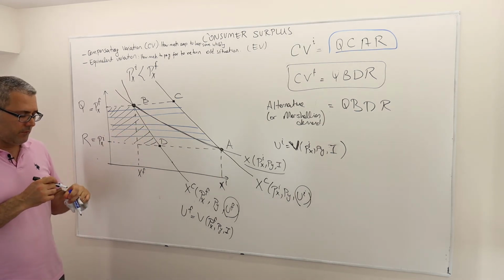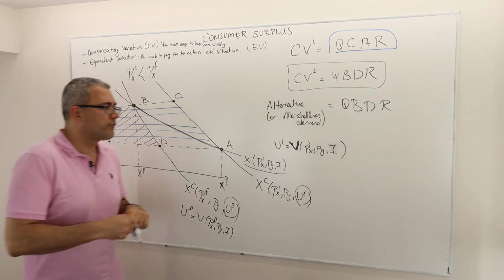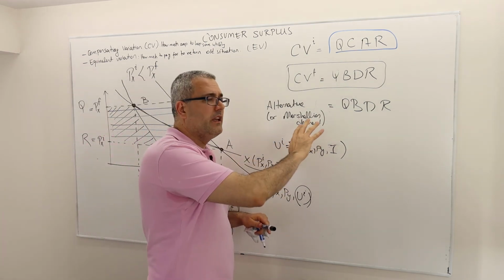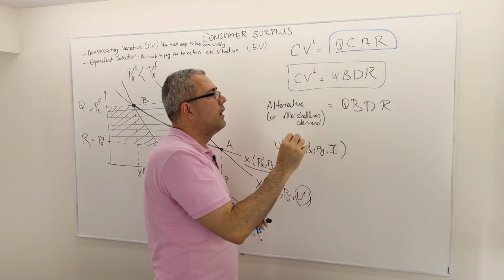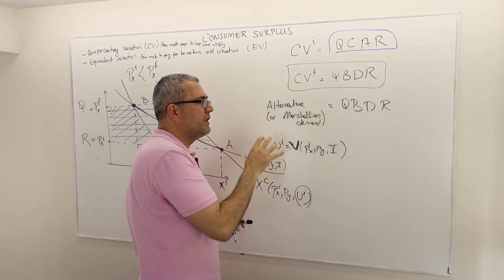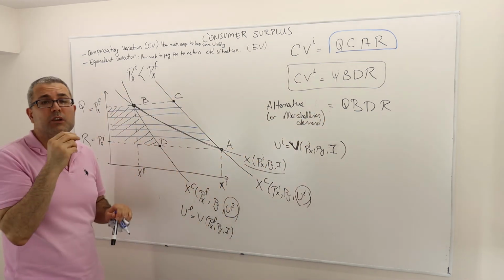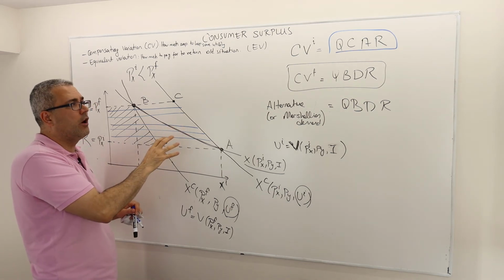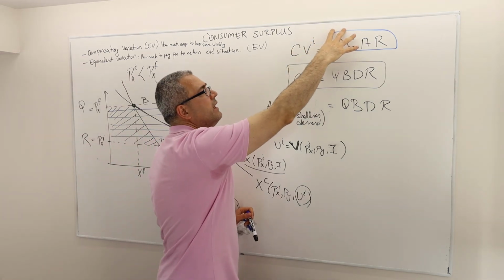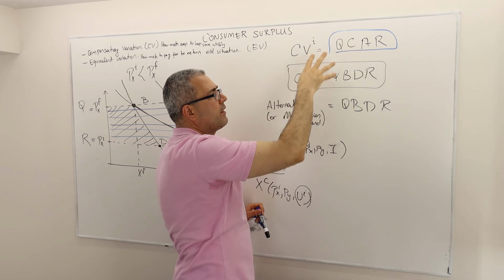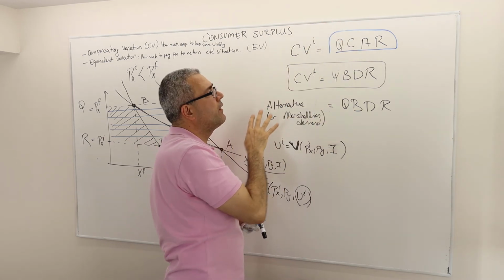So you can think of calculating consumer welfare using the Marshallian demand as, loosely speaking, taking the average of calculating the consumer surplus with the Hicksian demand curve.